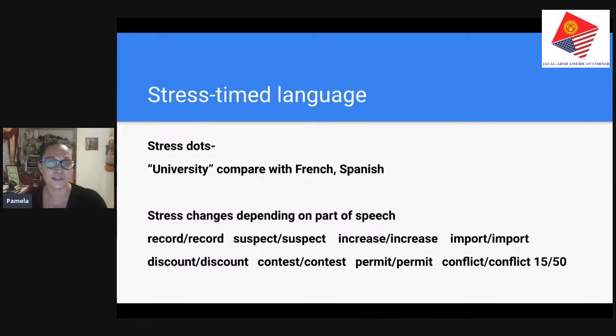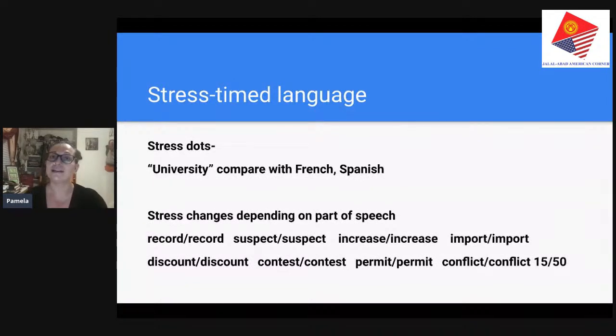And then this one is not a noun or verb, but it's something I hear even with native speakers. We often have to clarify what we are talking about. 15, 50. This is also true with 14, 40, and 19, 90, all of those, the teens and then the larger numbers can be a little tricky sometimes.